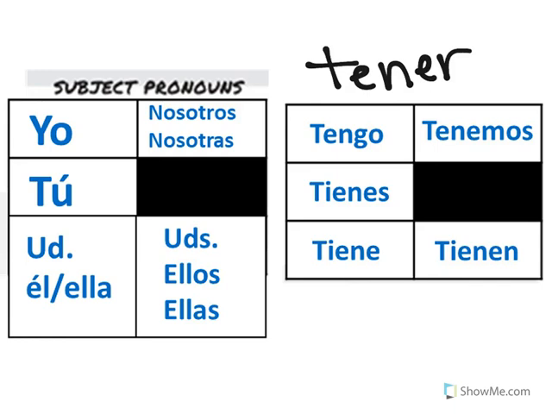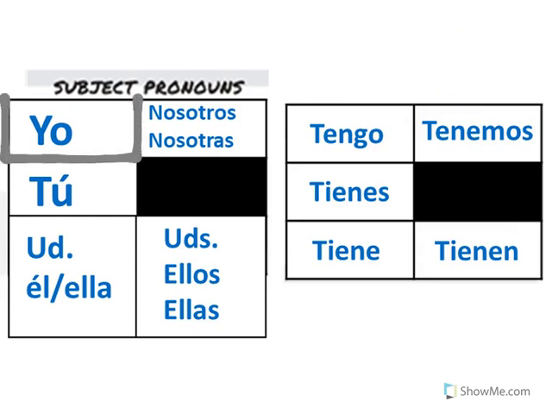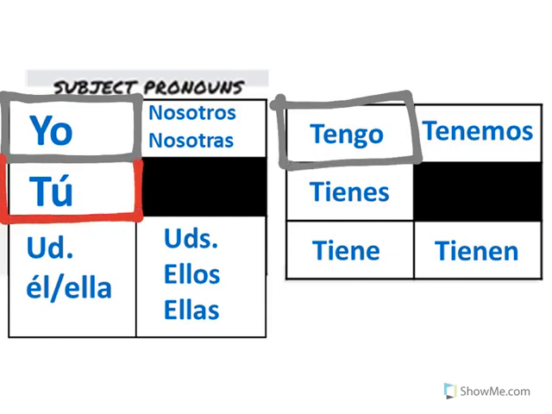So to recap everything that we've done, the verb tener, which means to have, changes into 5 forms. 1, 2, 3, 4, 5. And these work sort of like a puzzle piece in which yo goes with tengo and only with tengo. Tú goes only with tienes.